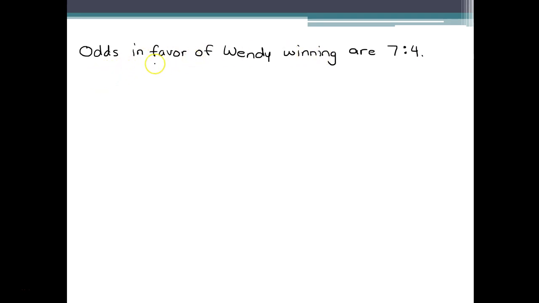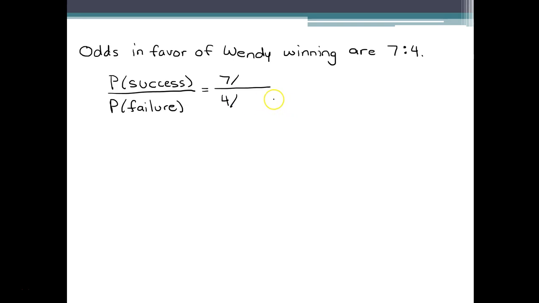Well, remember, odds in favor means you had probability of success over probability of failure. So the 7 was on top somehow. It was the numerator for the top fraction, and the 4 was the numerator for the bottom fraction. So how do we get the denominator? We add the 7 plus 4, and we get 11.